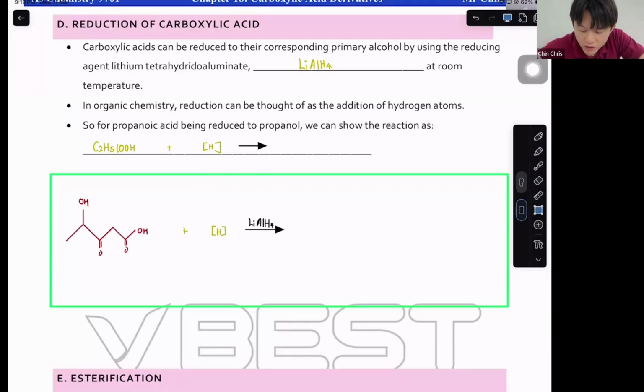Then the oxygen is removed as H2O. So how many hydrogen are we adding in? 1, 2.